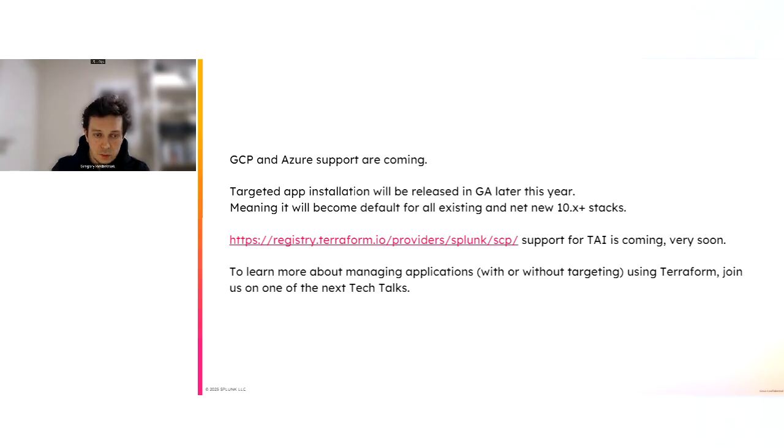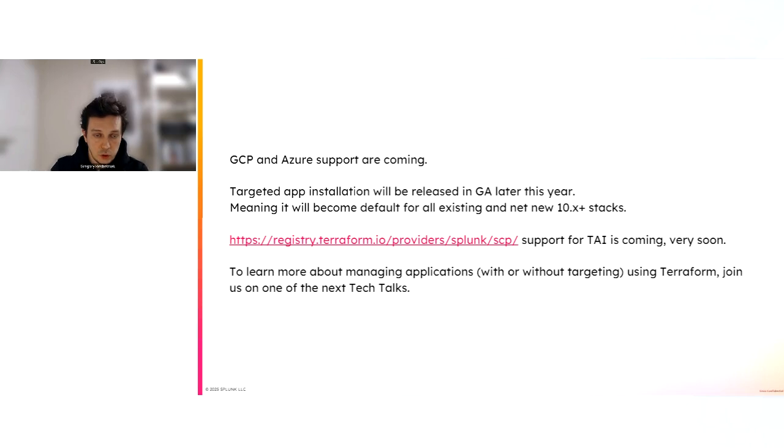Target app installation will be released in general availability later this year, meaning that in 10.1 on Amazon, it's only for the customers that explicitly ask for this, and this is enabled with a feature flag.